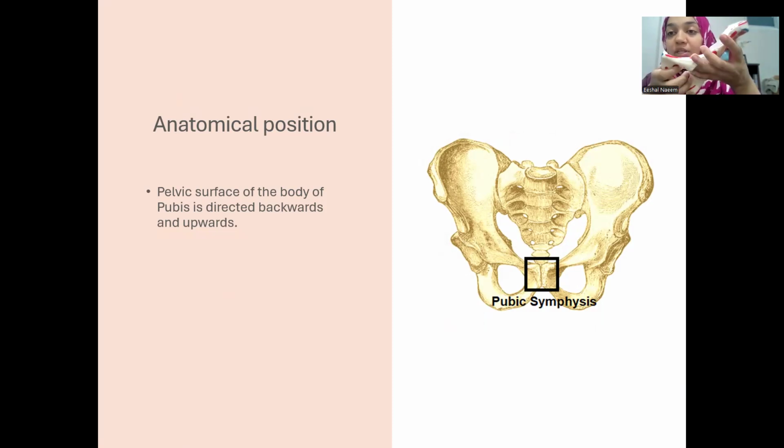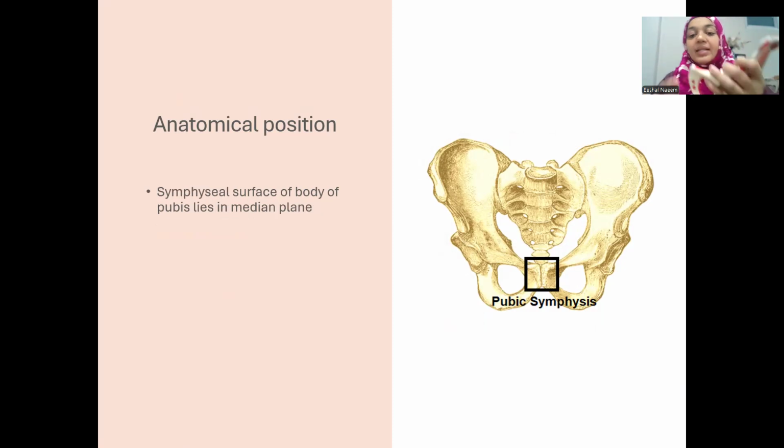If you put the hip bone in a specific position, you can see that when I look at the pelvic cavity inside made by these two hip bones, this area is projected backwards and upwards. Moving on, and you know that when I'm talking about the pubis, this area is the symphysial surface. This area is the pelvic surface because it's articulating in the pelvic cavity, and this is the anterior surface.